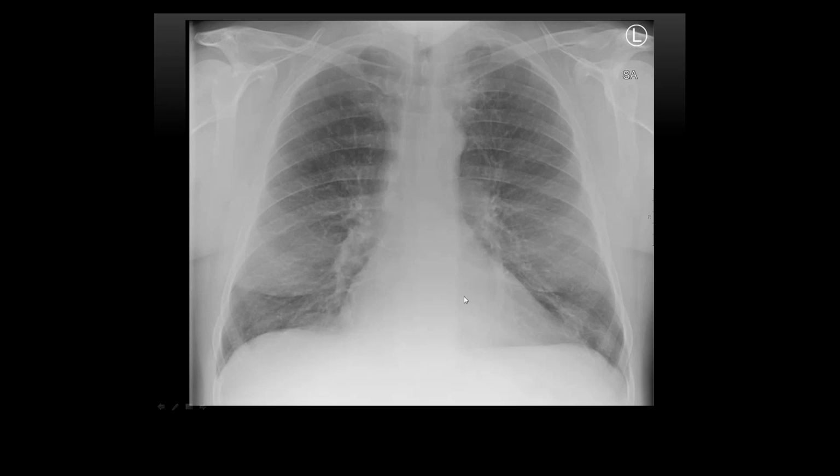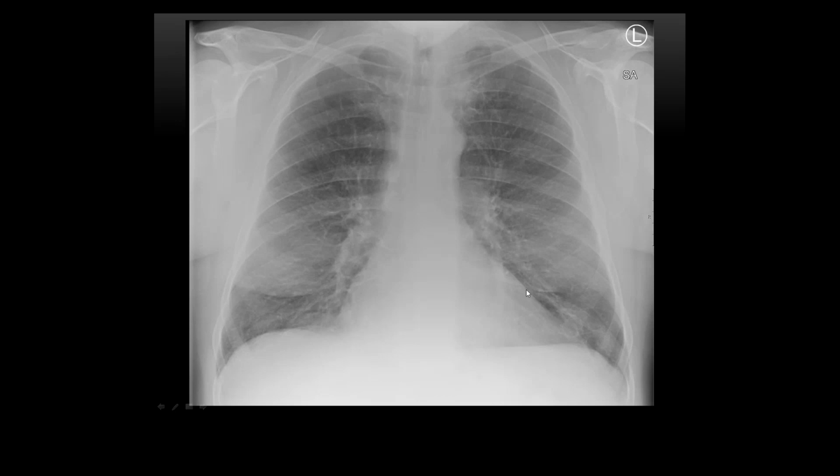So what do we all think of this chest x-ray here? If I start off with my system of approach, look at my heart.